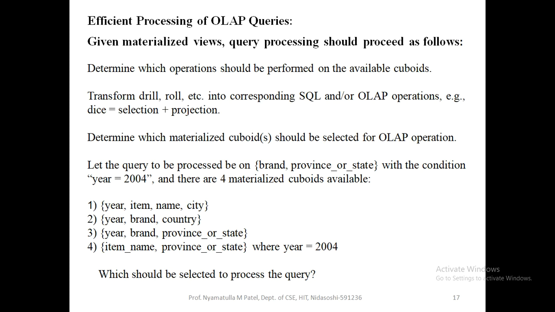So, the purpose of materializing cuboids and constructing OLAP index structures is to speed up query processing. Why are we going for all these things? Why are we materializing the cuboid? Why are we using either bitmap indexing or join indexing? What we expect is only one thing: to speed up query processing in a data cube. We want, as soon as the query is put to the data warehouse, the result immediately.